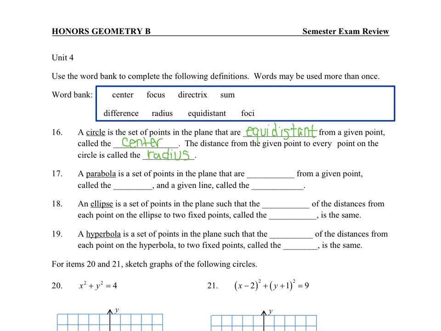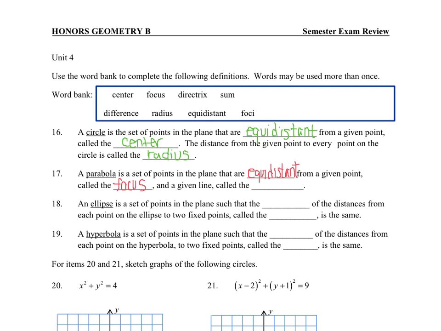A parabola is a set of points in the plane that are equidistant from a given point and that is called the focus. So remember, a parabola has one focus.